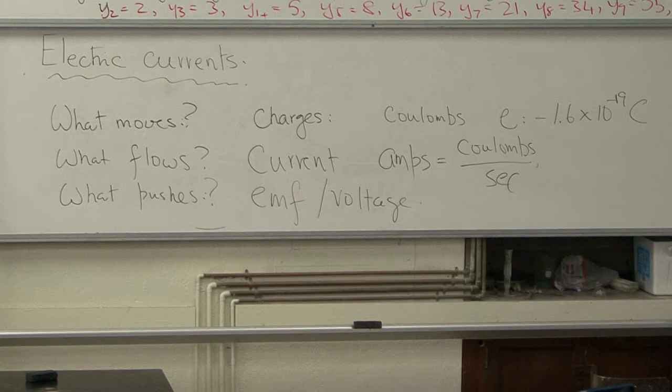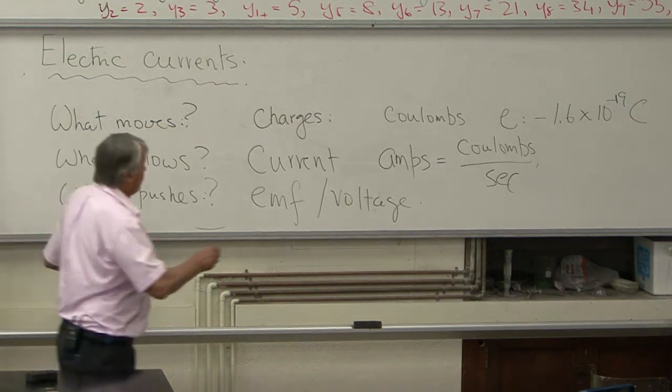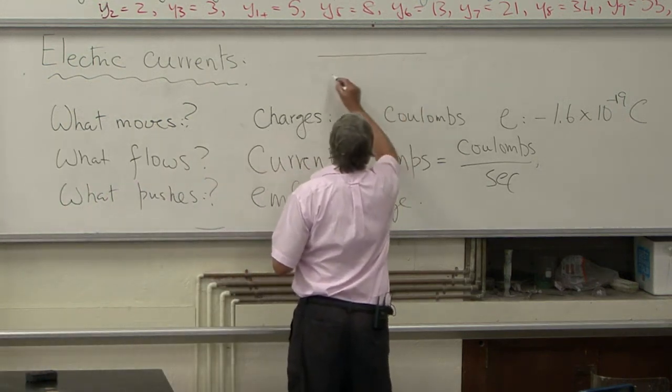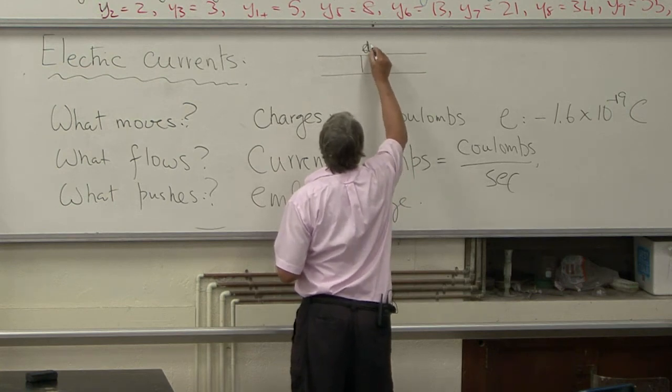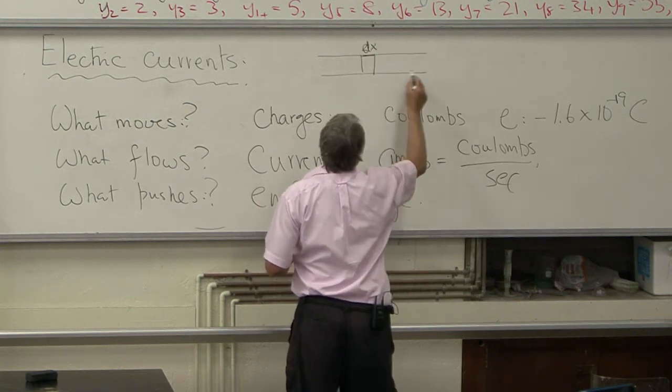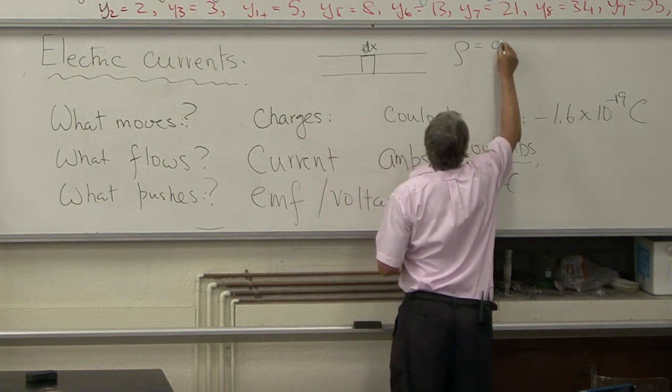You think of a pipe. Think of a pipe. And down this pipe we have a slug, say we'll call it dx in length. And the density, this is density per unit length.